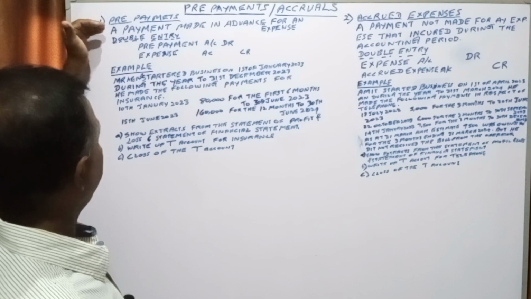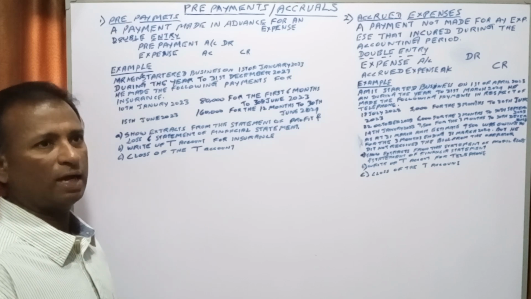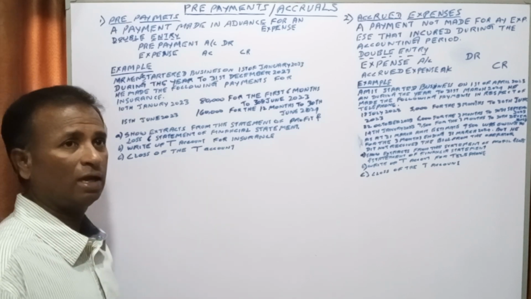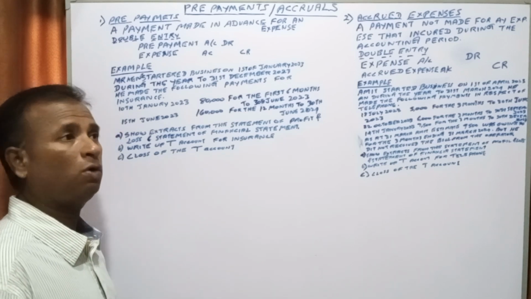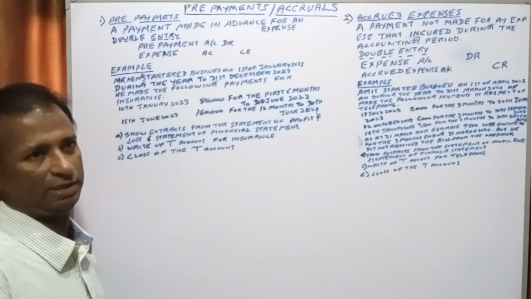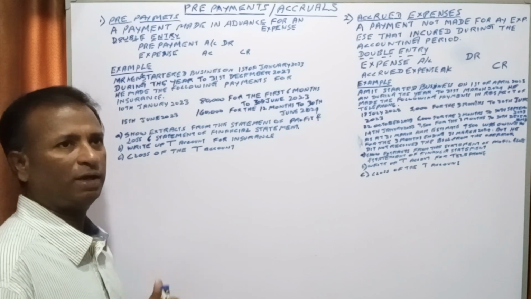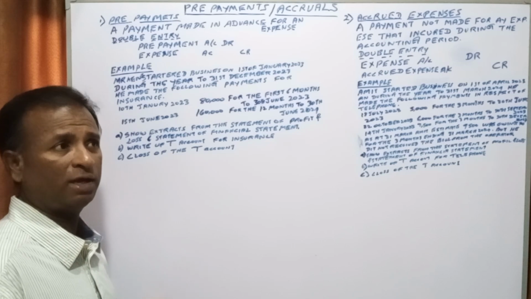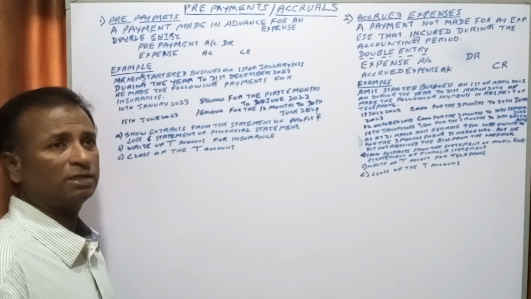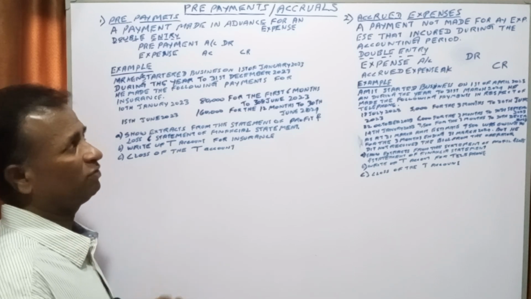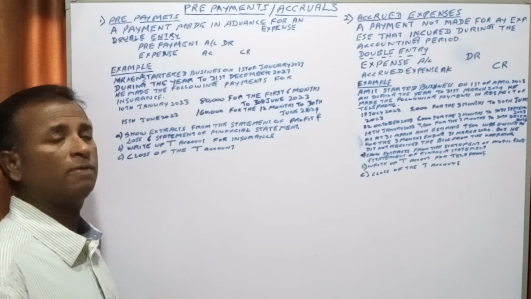These prepayment and accrual expenses, we adjust and pass these entries at the end of the financial year, or at the end of the accounting period only. If you are preparing the final accounts once a year, at the end of that period we prepare the prepayments and accruals.